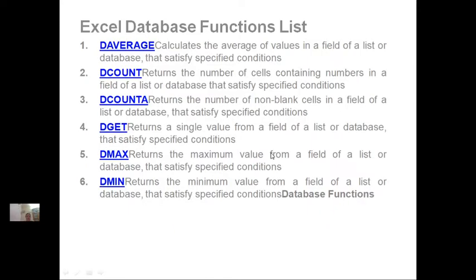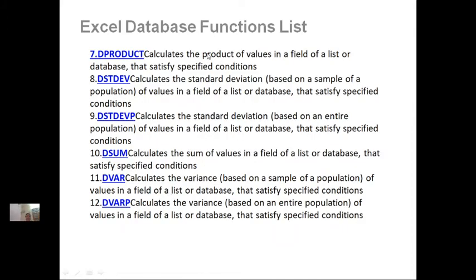Okay, students, so these are the list of database functions in Excel: daverage, dcount, dcounta, dget, dmax, dmin, then dproduct, dstdev, standard deviation, then dstdevp, which calculates based on specified conditions.